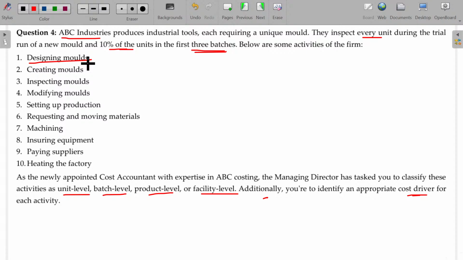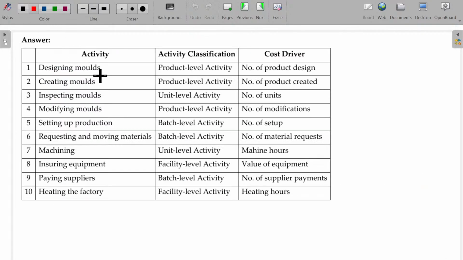Once you design the mold, you can produce 100 units or 50 units using the mold, right? Maybe designing mold may be either batch or product. There may be some confusion, no need to worry about that. Designing mold will be product level. What about the cost driver? Number of product designs.